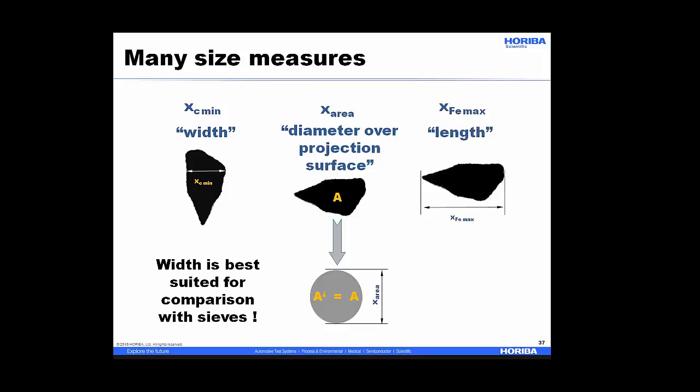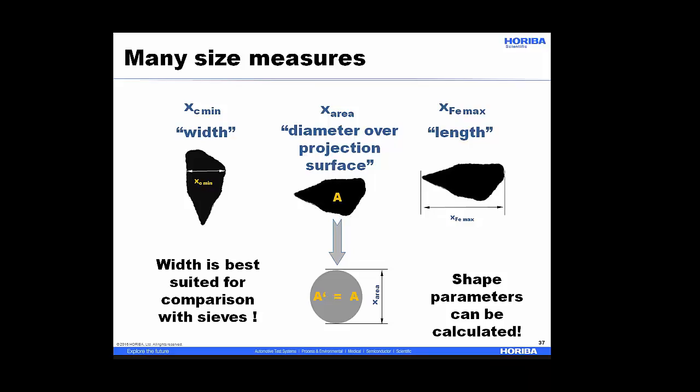Or you can look at the Feret max, which tells you the length of the particle, which is suited for comparison with other microscopy efforts. Incidentally, that is how you can look at things like the length of rods or doublets and so on.